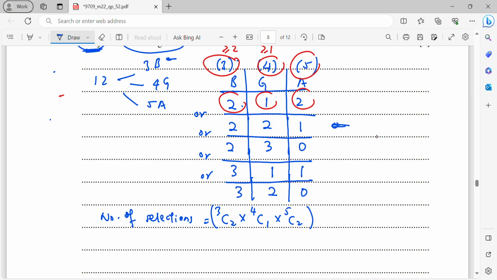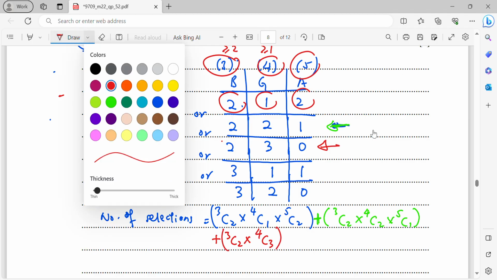Now for the second combination, maybe I just use a different color. Second combination, I will have 3 choose 2, and 4 choose 2, and 5 choose 1. This is going to be plus because it is all cases. Now for the third one, it's going to be 3 choose 2 and 4 choose 3. That's it, we have chosen 5.